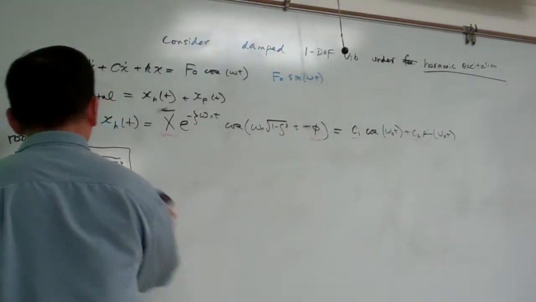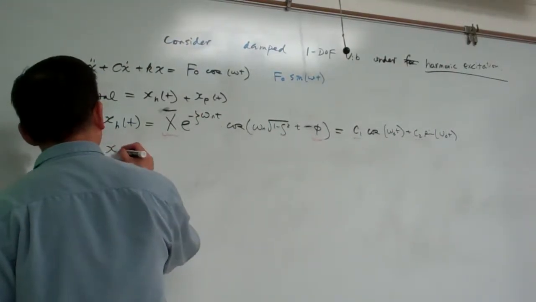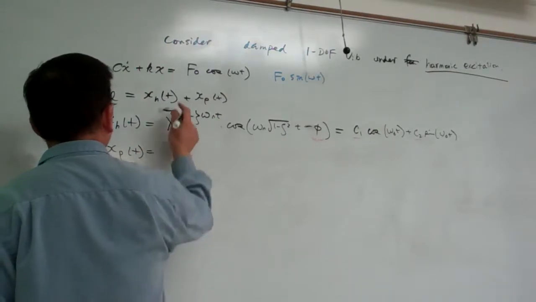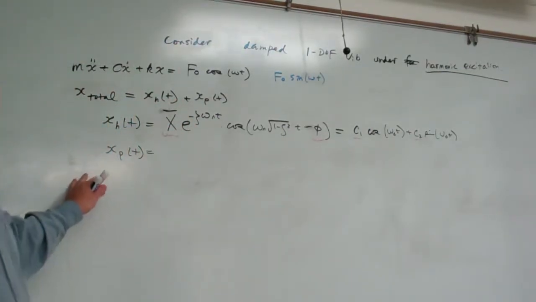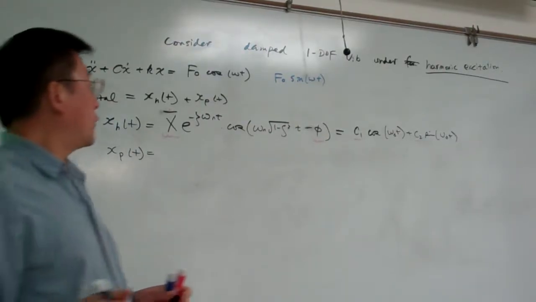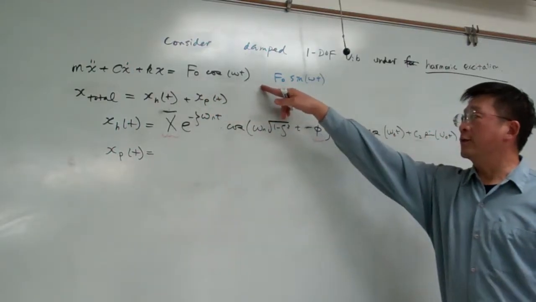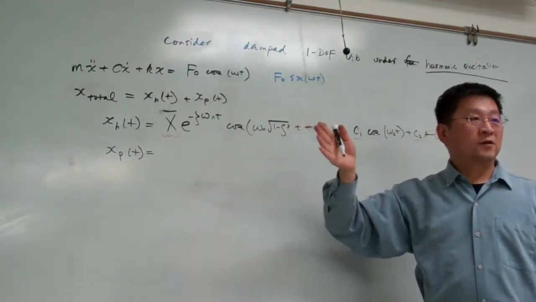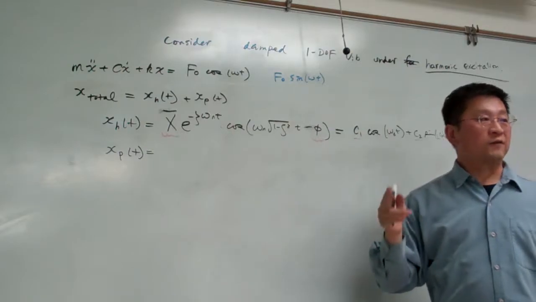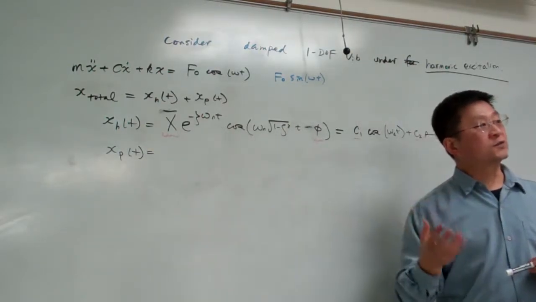Now for the particular solution, or the steady state solution, its role is to perpetually follow the form of the external excitation. Our external excitation right now is in cosine, so eventually it will follow the pattern of the cosine. That is what we learned in the previous sections.